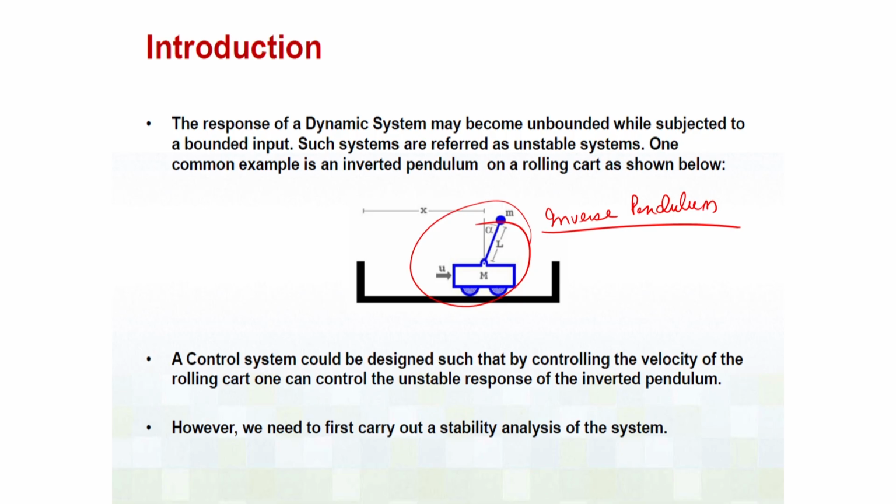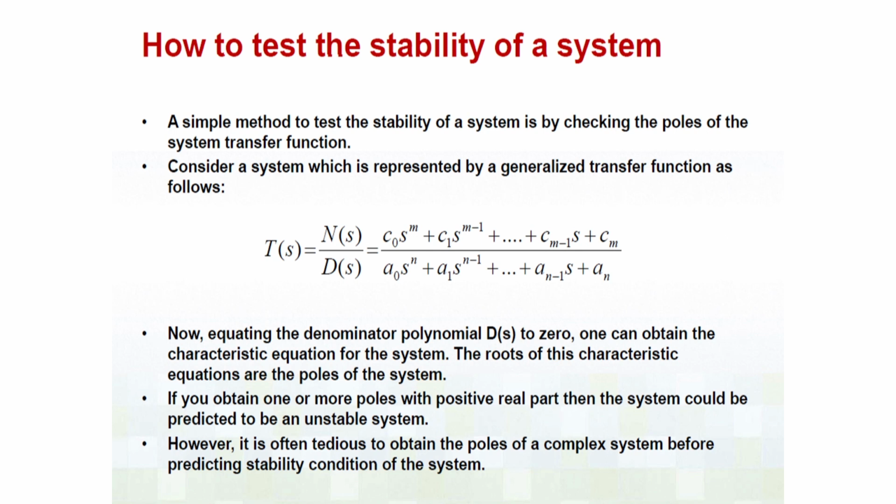Now, how to test the stability of a system? Let us say you have a transfer function. How to check whether this is going to be a stable system or not? Well, one way to do it is to take the denominator polynomial and find out the roots of the system, which are also called the poles.